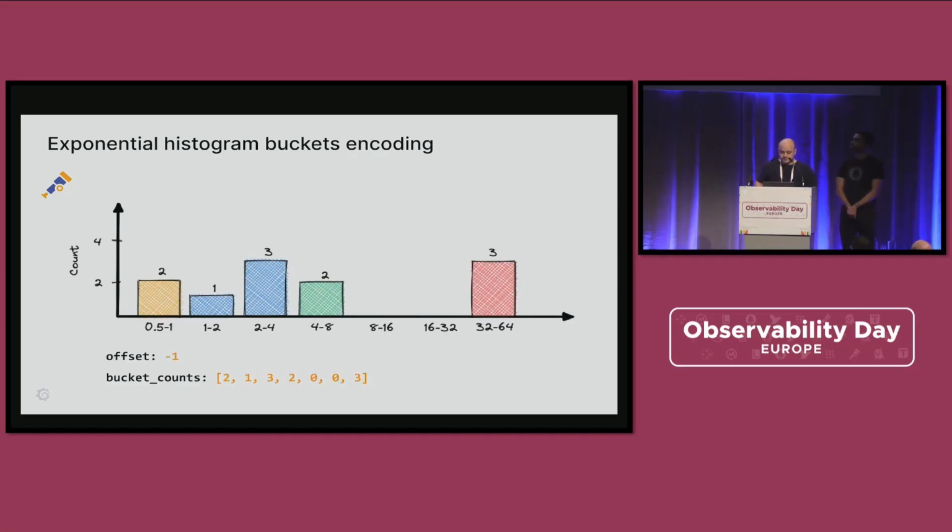The buckets of this histogram are encoded as follows. We store all the counts for the buckets in a bucket counts array, including empty buckets. The offset is set to -1 because the zero index bucket points to a bucket with range 1 to 2, and there are non-empty buckets on the left. So we have to shift the offset by 1 to the left.